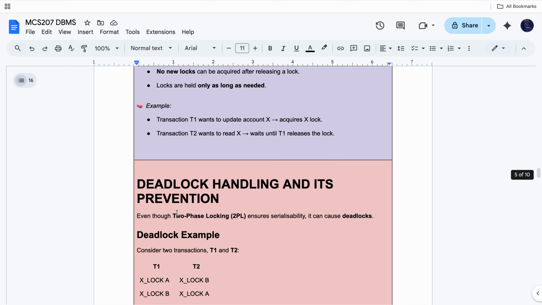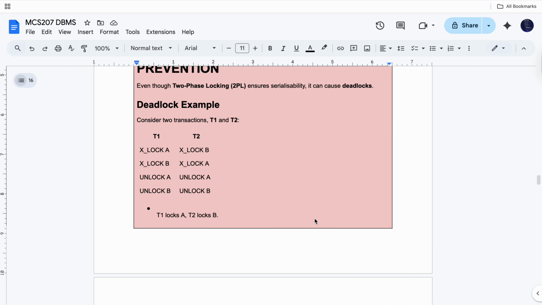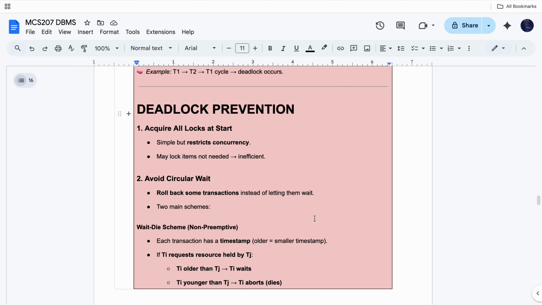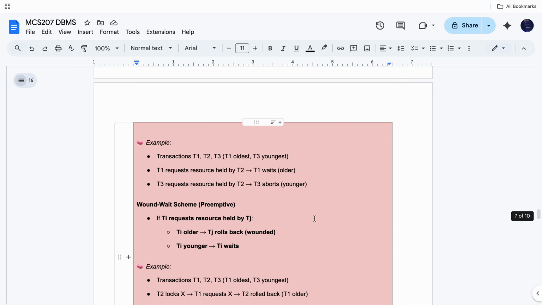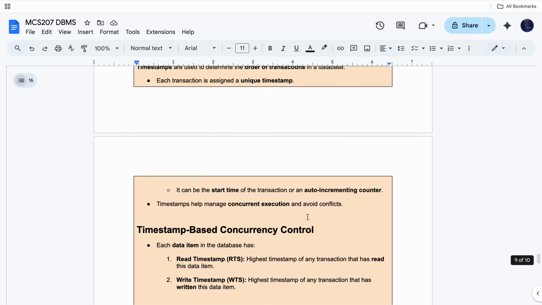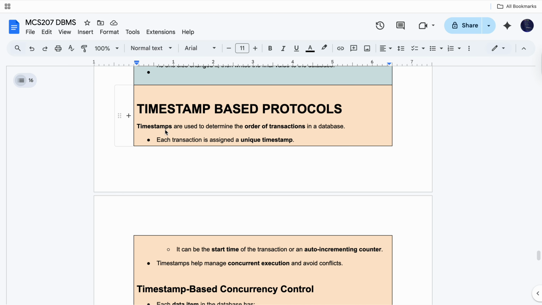Deadlock prevention: even though two-phase locking ensures serializability, it can cause deadlocks. Timestamp based protocol: timestamps are used to determine the order of transactions in a database.